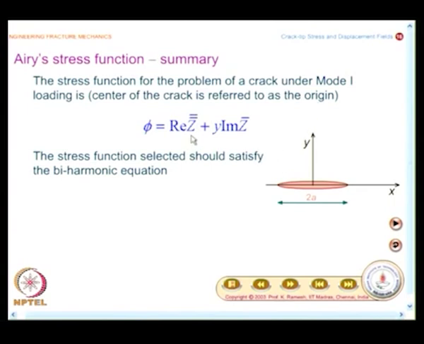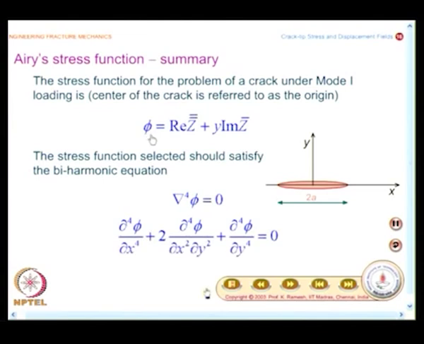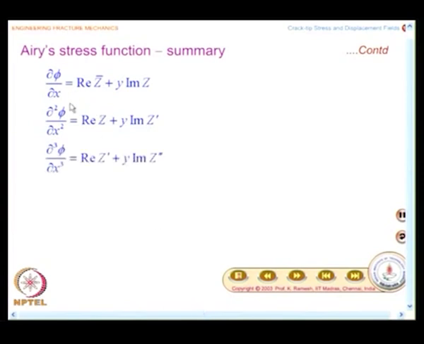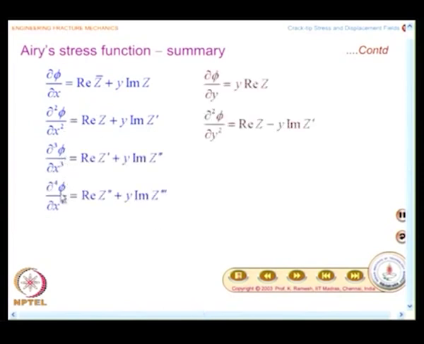But what we had done in the last class was, we had elaborately seen that whatever the function phi that we have taken, it indeed satisfies the biharmonic equation del power 4 phi equal to 0, and in the process we have developed all the differentials, dou phi by dou x, dou squared phi by dou x squared, dou cube phi by dou x cube, dou power 4 phi by dou x power 4.